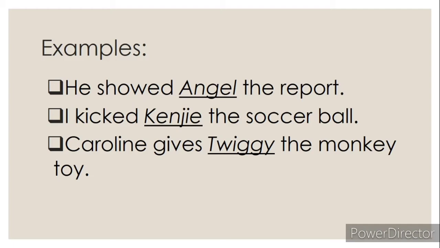To Kenji. And last, Caroline gives Twiggy the monkey toy. So, for whom Caroline gives the monkey toy? For Twiggy or to Twiggy. So, here, Twiggy serves as an indirect object.